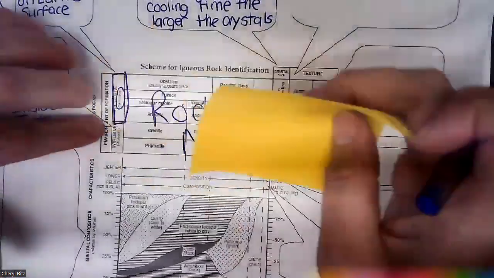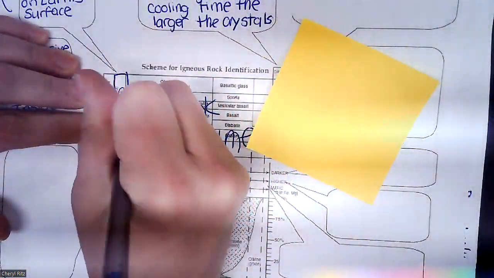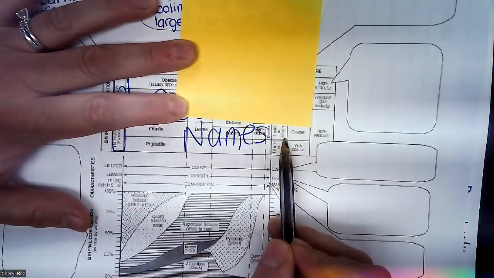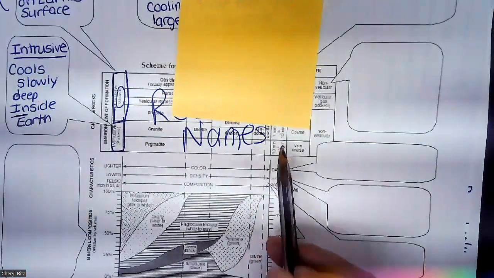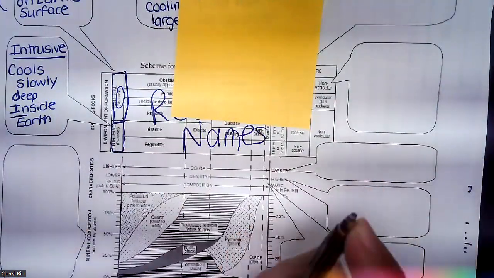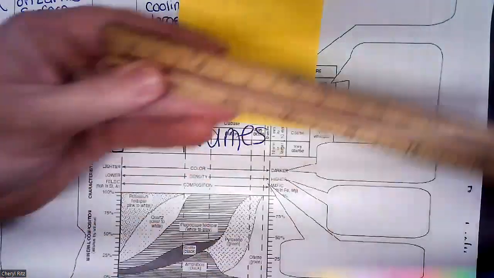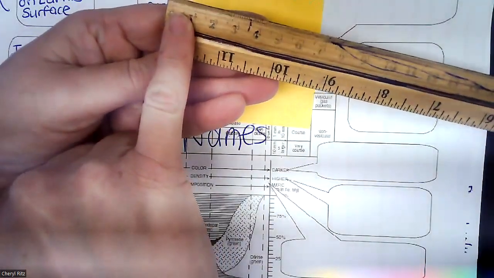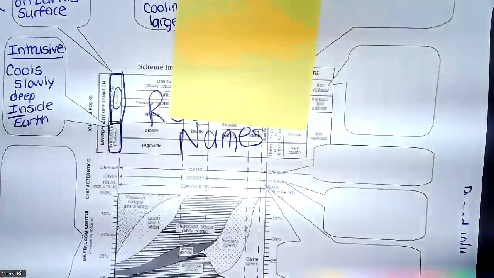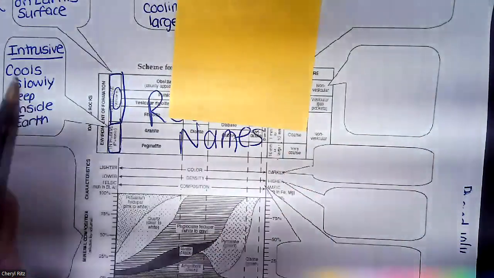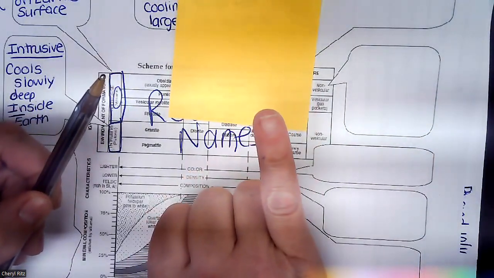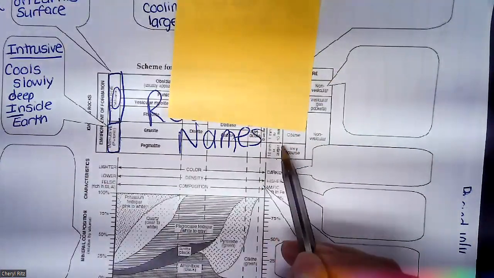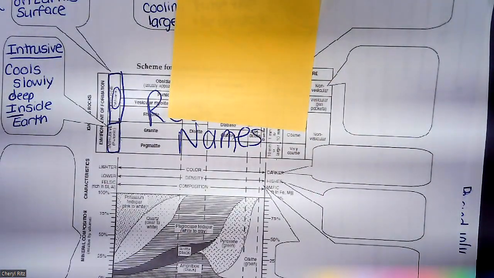If we then look at the intrusive, again, following that box over, the intrusive are 1 to 10 millimeters or larger than 10. So if that's 10 millimeters, 10 of those is a centimeter. And I like to estimate that at about how fat your pinky is. So a millimeter is about the tip of your pen. 10 of them is about the tip of your pinky, how wide it is. So those are ones you could see, bigger than a piece of glitter.